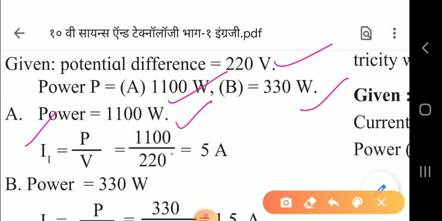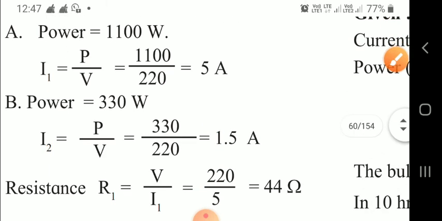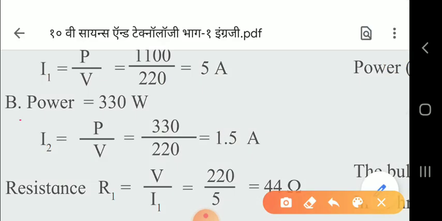So 0 will be cancelled out, and 11 2 22. So it will become 5 ampere. Now second time power is equal to 330 watt. So I2 will be equal to P upon V equal to 330 upon 220 equal to 1.5 ampere.